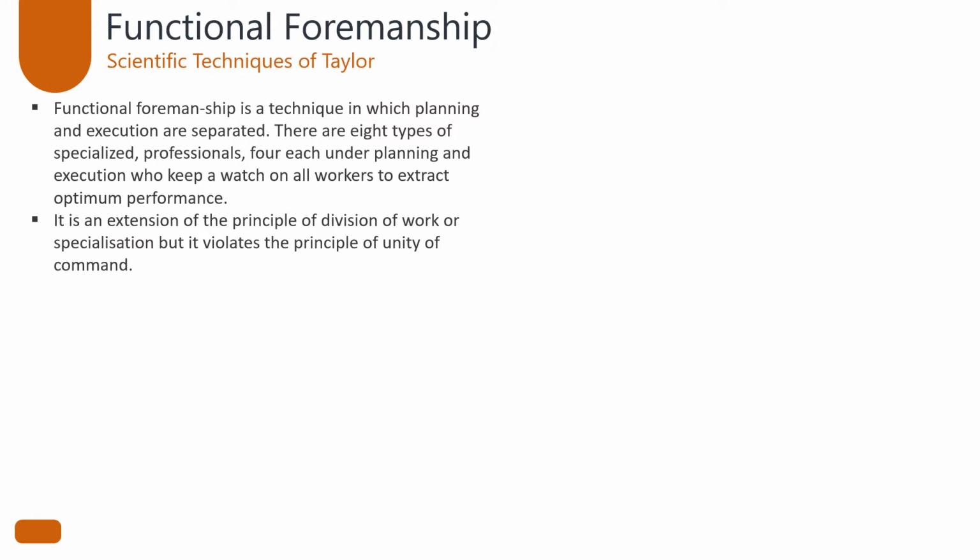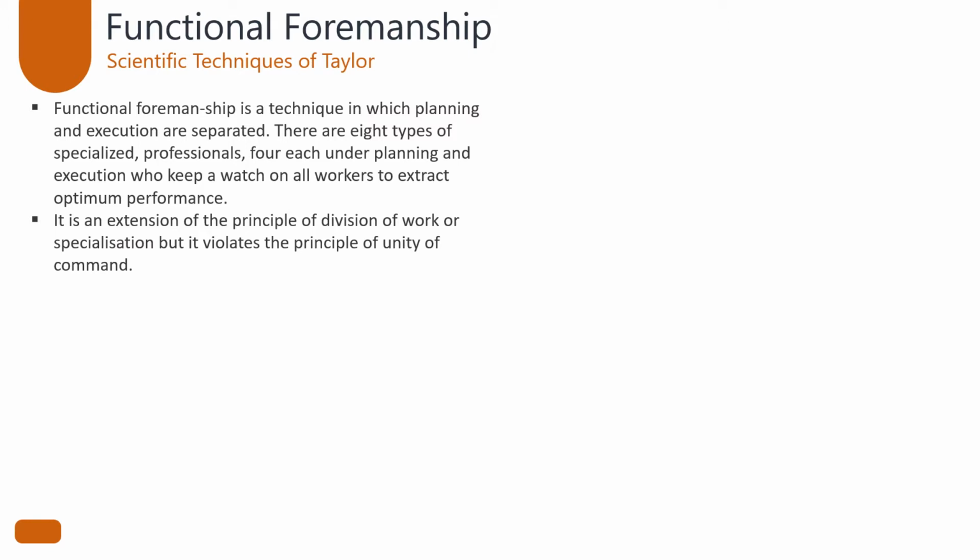So here we can see that this is a clear extension of the principle of division of labor, but also we can see the violation of the principle of unity of command through this technique.